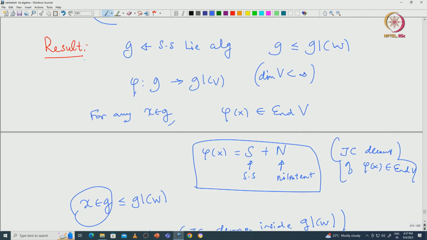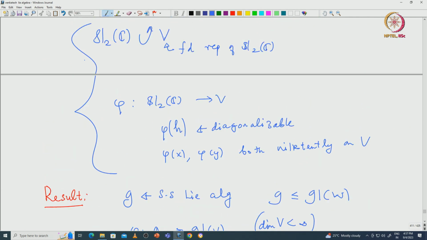This is very similar to what we have in SL2. Here H we already know is semisimple as an element of SL2C, and X and Y are both nilpotent as elements of SL2C.